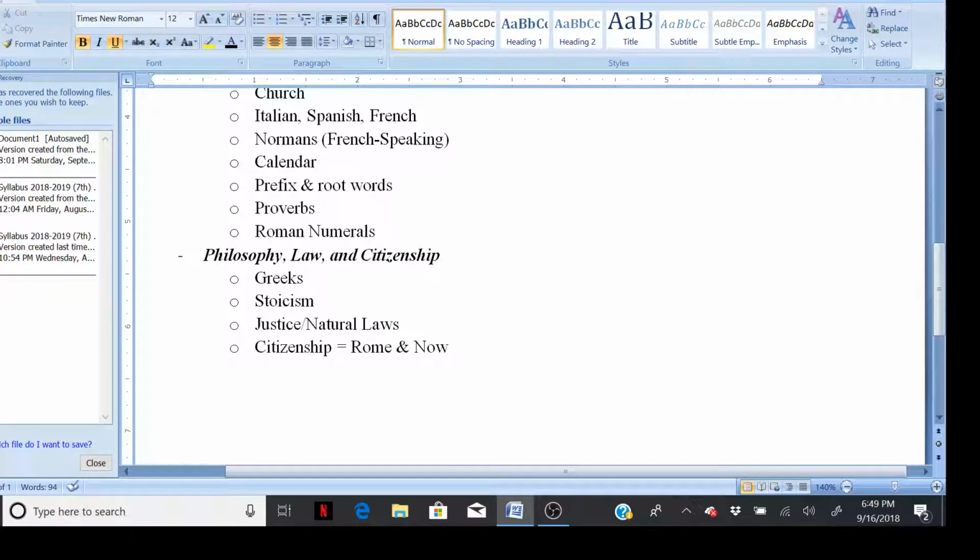Now, this also led to the Romans' idea of justice, or the belief in trying to deal with people as justly as possible. They believed that people were born with natural rights, or natural laws were already in motion, and they were kind of the pioneers for that.